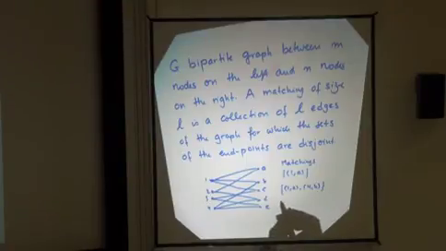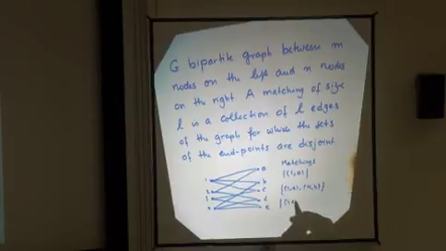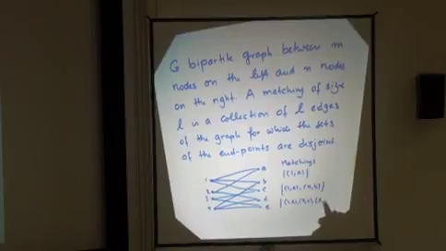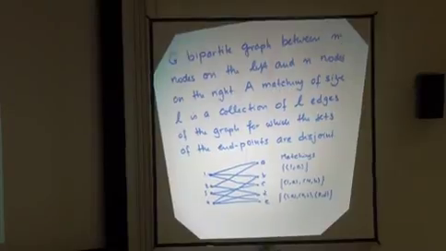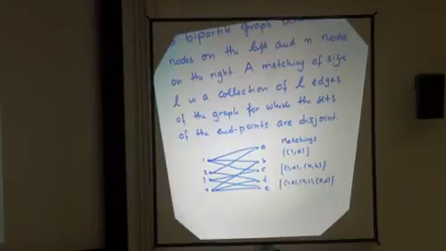Can you give me a matching of size 3? Okay, 1A, 4B, and then 2D, for example. That's a matching of size 3. What about the matching of size 4? Okay, good, very good.